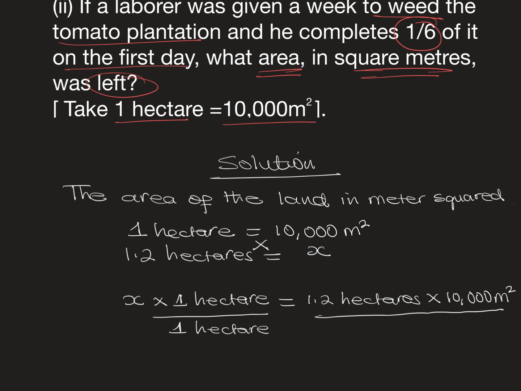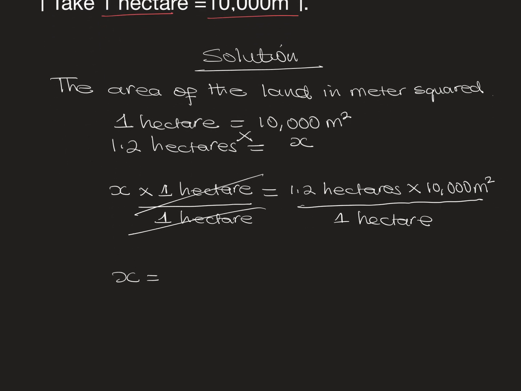So x is equal to 1.2, this hectare will cancel this hectare, times 10,000 meter squared. So x will be equal to 12,000 meter squared. So this is the area of the land in square meters. 1.2 hectares is equal to 12,000 meter squared.